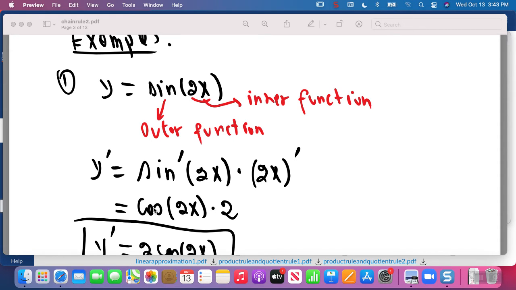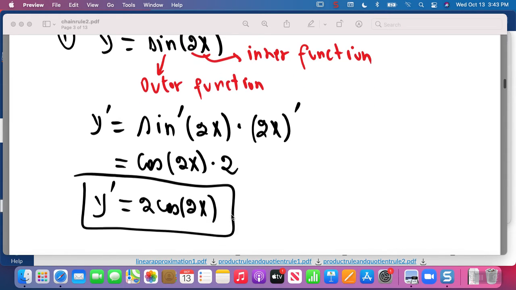Then evaluate cosine at the inner function, so you have cosine of 2x times the derivative of the inside function, which is the derivative of 2x, which gives you 2. So the derivative of sine 2x is 2 cosine 2x.